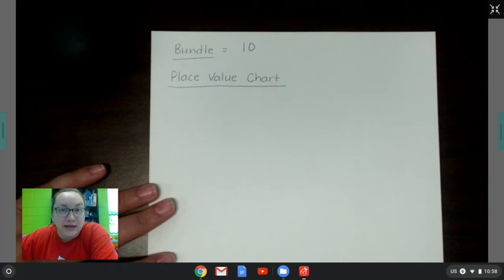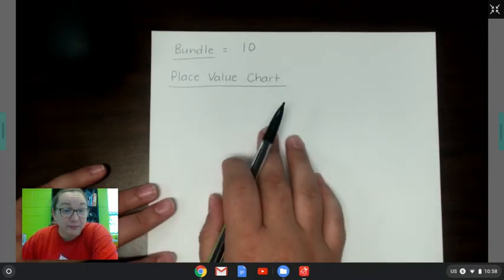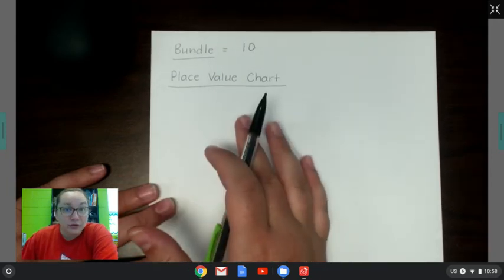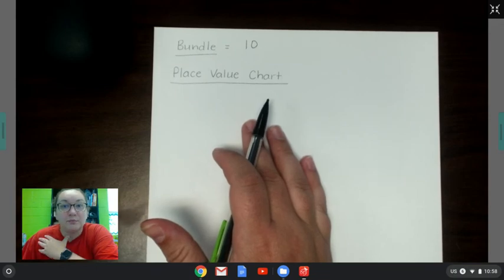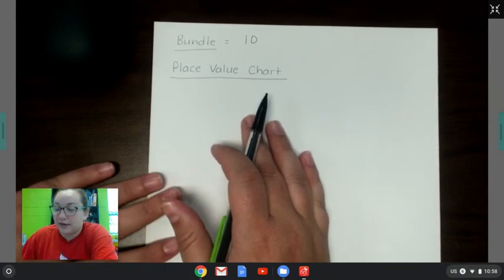What I suggest is anytime you're doing Zearn, I would always follow along. It asks you if you have student notes, and you guys right now do not have student notes. I don't have those printed out for you, but I would have a pencil and a piece of paper ready, and I would do those problems along with Zearn. That is my recommendation, but I really want you all to do that.